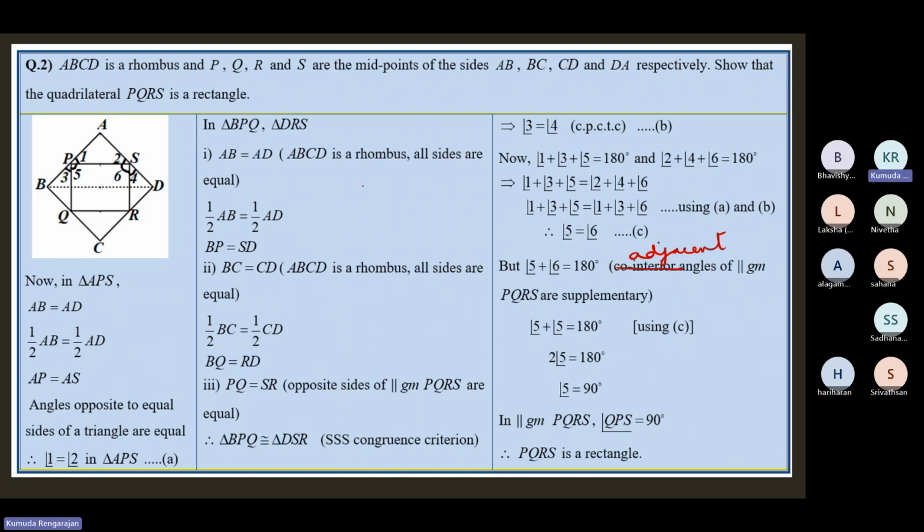In any parallelogram, adjacent angles are supplementary. So in parallelogram ABCD, angle A plus angle B is 180, angle B plus angle C is 180, angle C plus angle D is 180, angle D plus angle A is 180. Adjacent angles are supplementary.